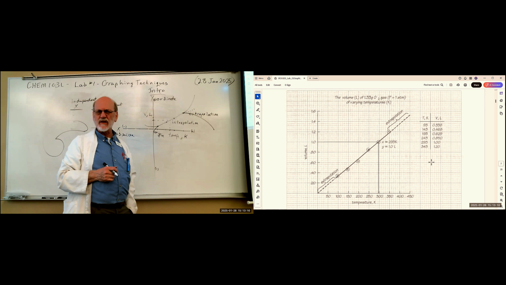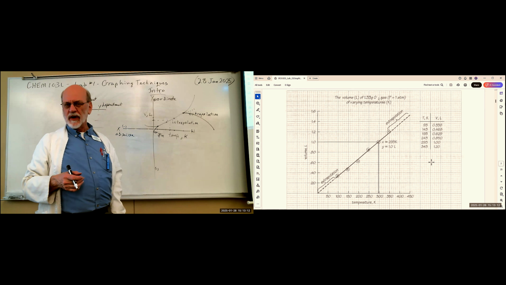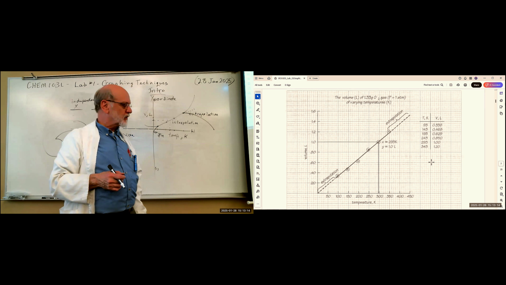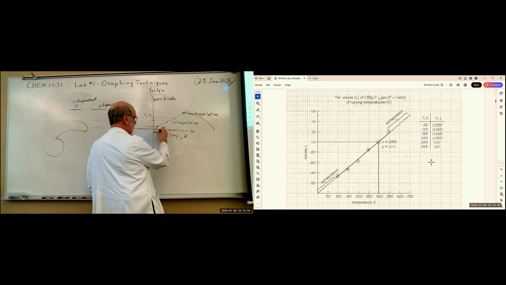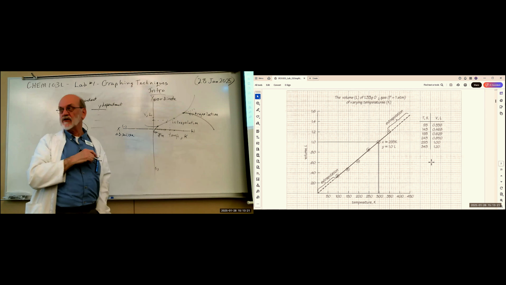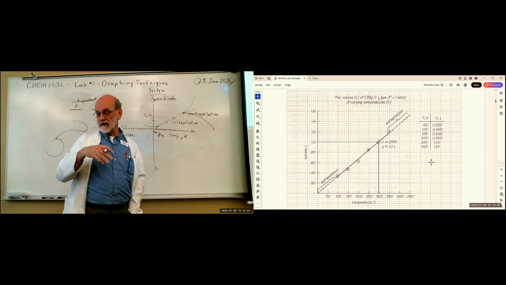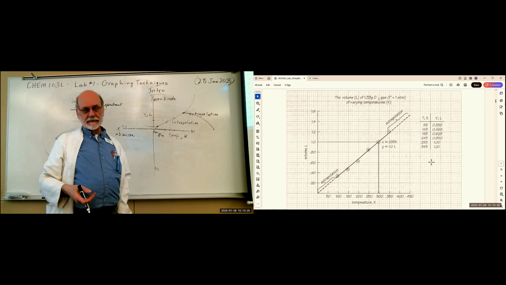Okay. Now, how do you know to choose those? Well, it depends. I like to choose the values so that I can get 10 divisions between the major marks. So I can work in the decimal range.